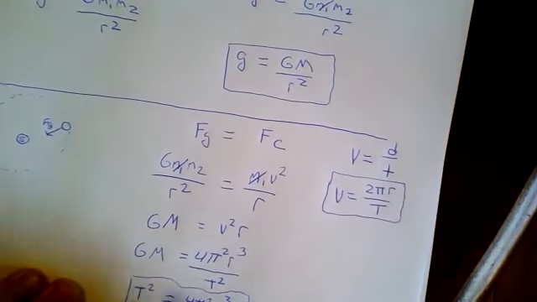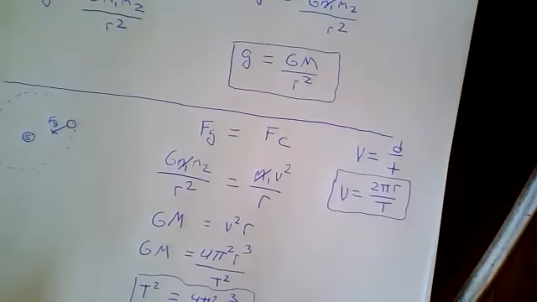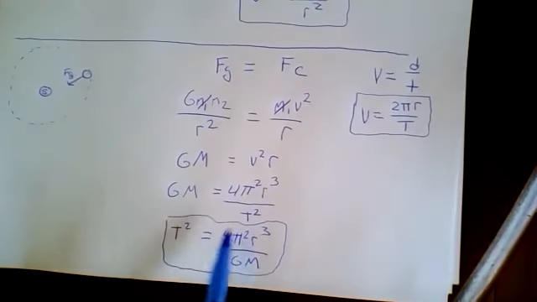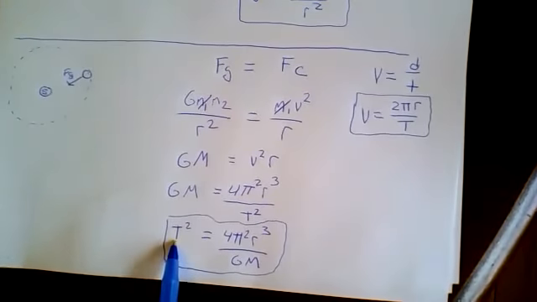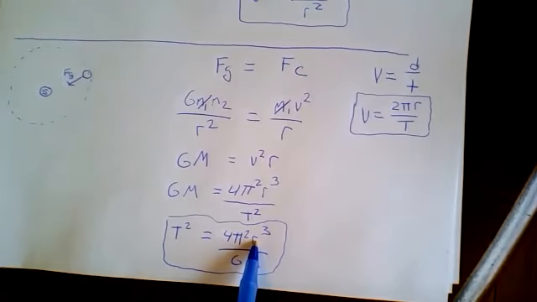And this is our version of what's known as Kepler's third law, which relates the period of an orbit to its radius. The period squared is going to be proportional to the radius cubed. And we can derive that out using here.